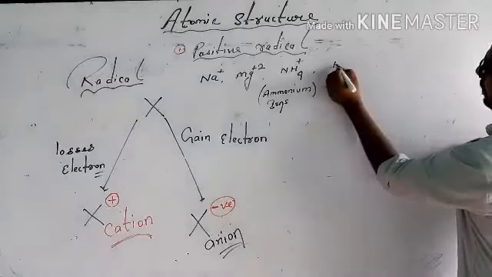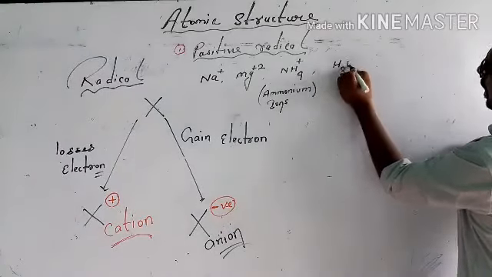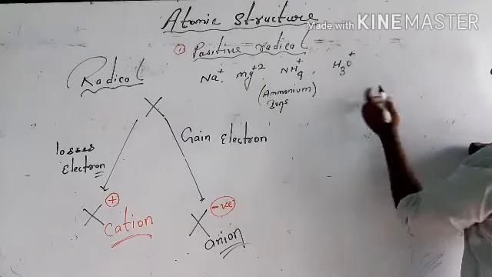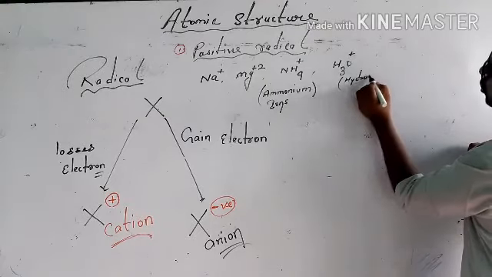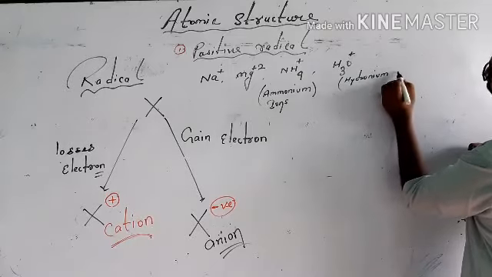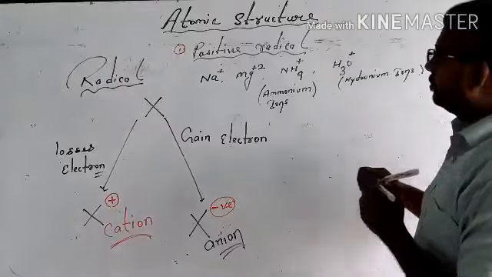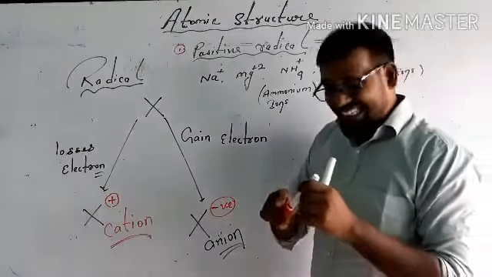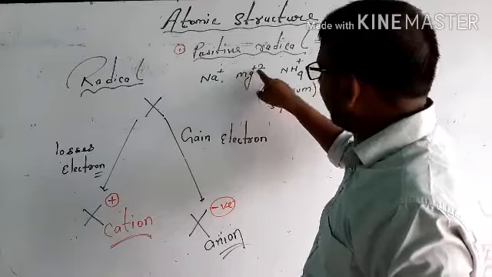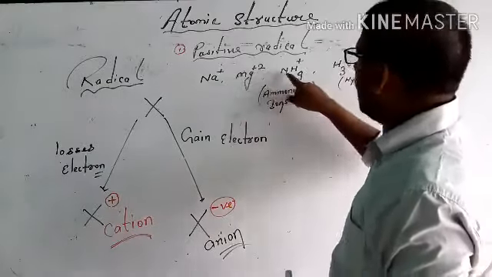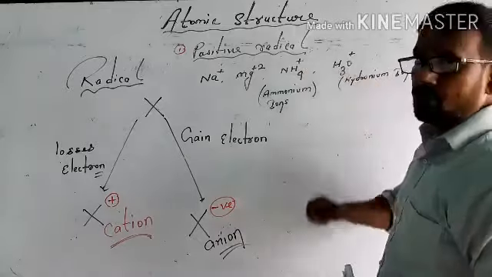Also I am going to give you the example H3O plus, which carries positive charge. Its name is hydronium ion. So you can see sodium carries one positive charge, magnesium +2, ammonium +1, hydronium ion +1.